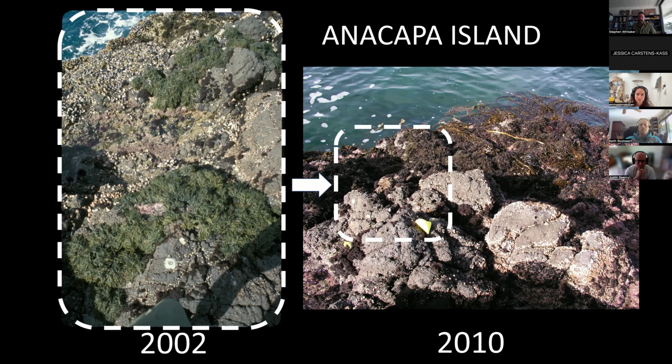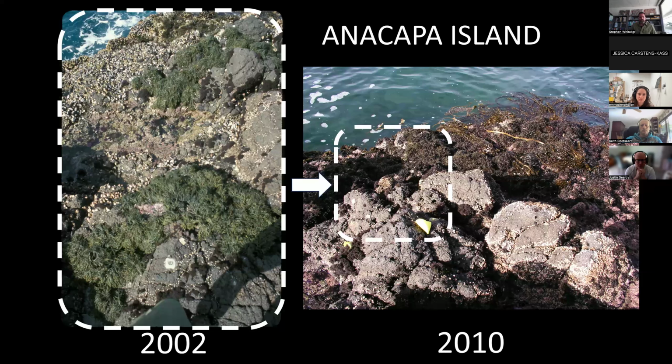So I found this photo on the left, which is taken in 2002. And in this photo, you can see that the community is dominated by this stuff called rockweed, which I'll get into in the next couple slides, which is this olive green algae. And then the lower part of the intertidal zone has a bunch of mussels in here.